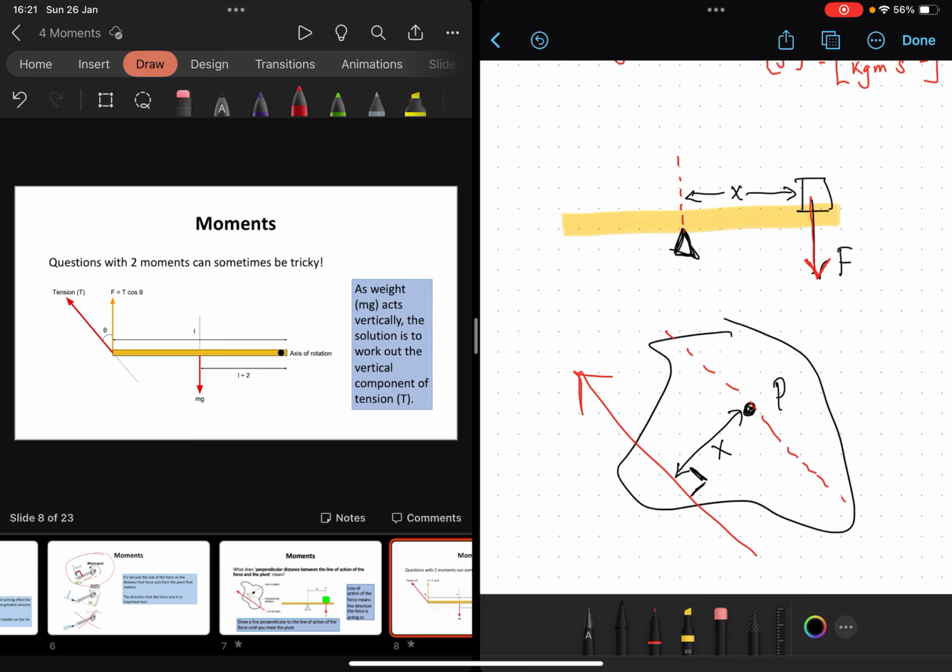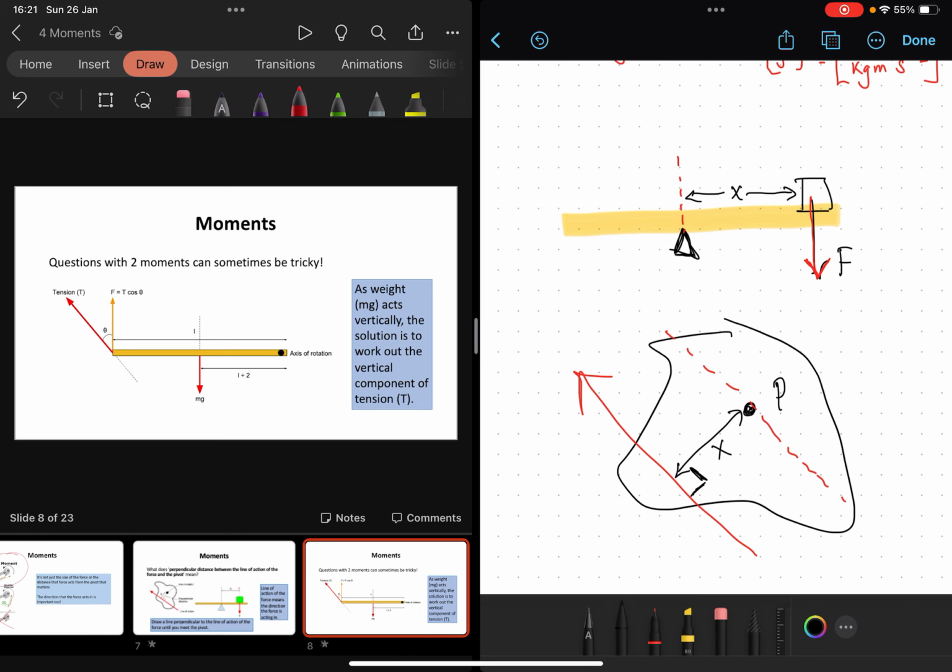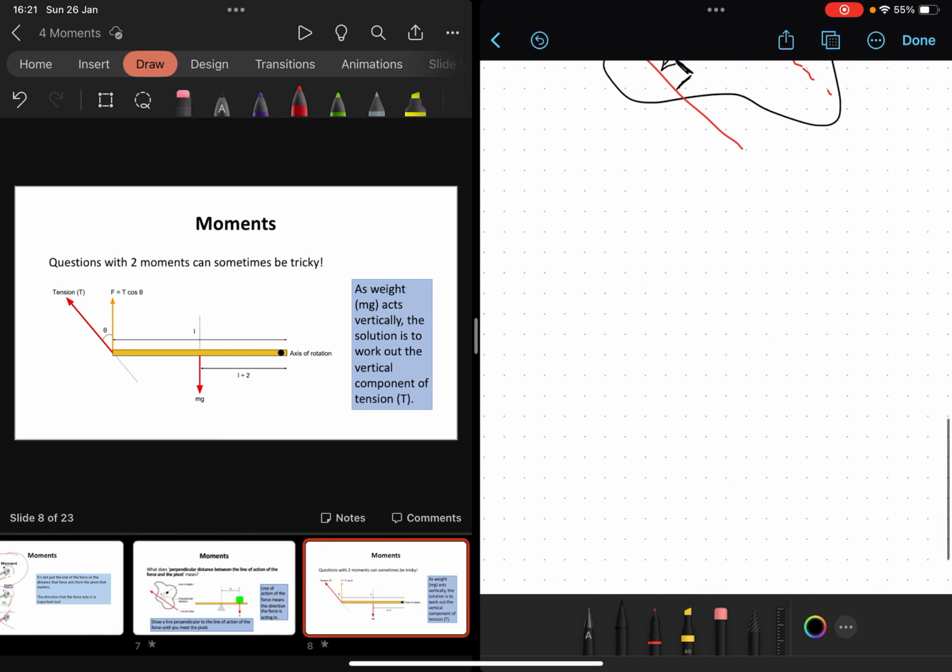Okay. What if we've got something even more complicated than that? So we've got our beam, and this time we've got the pivot at that end of the beam. And just be careful that you've identified where the pivot is. Now, the center of mass of the beam is the center of the object. And so the weight of that object is acting from the center of the beam vertically downwards.